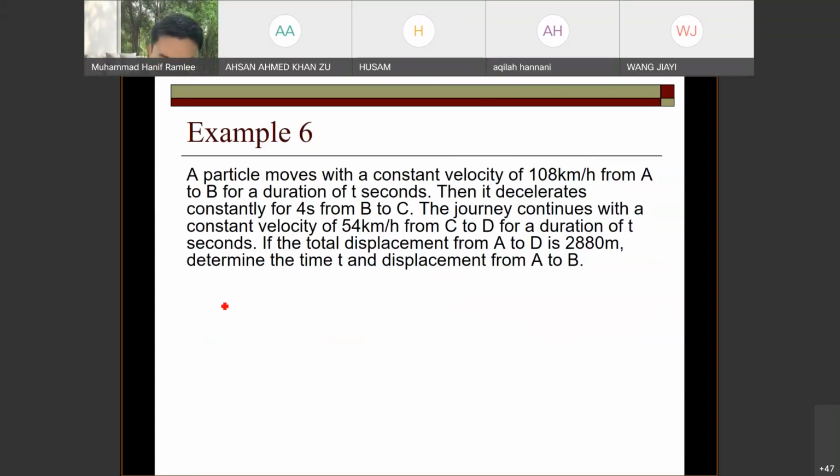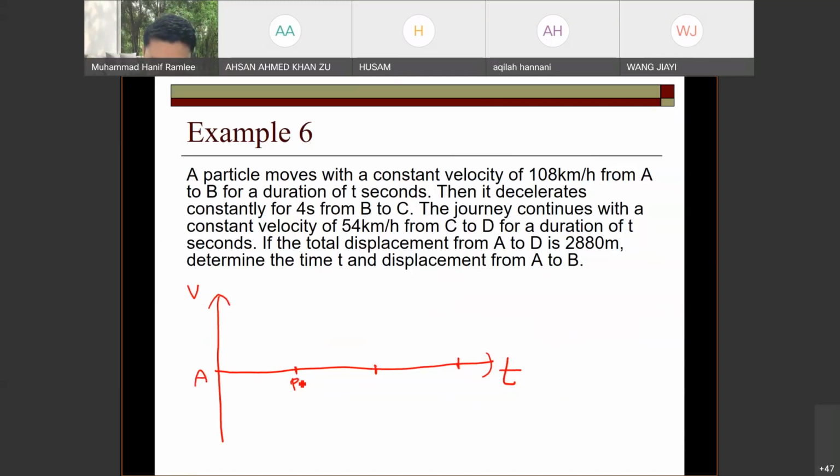VT graph. Draw the VT graph like this. The axis first. V and T. And from B to C, B to D, you can put the alphabet first.